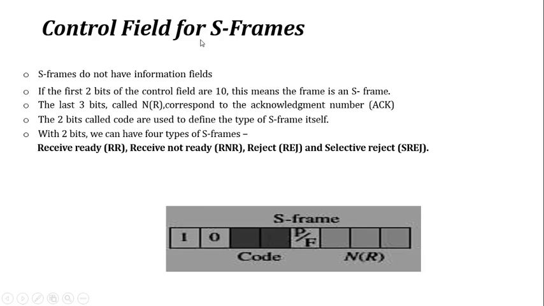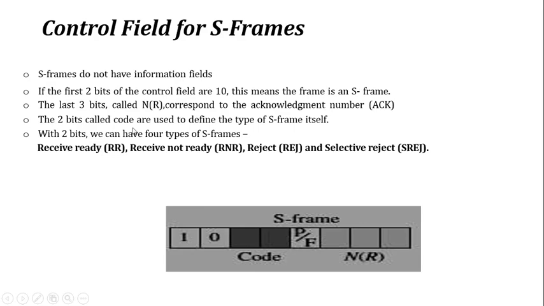Then the control field for S frame. S frame does not have an information field. If the first 2 bits of the control field are 1, 0, this means the frame is an S frame. The last 3 bits, called N(R), correspond to the acknowledgement number ACK.